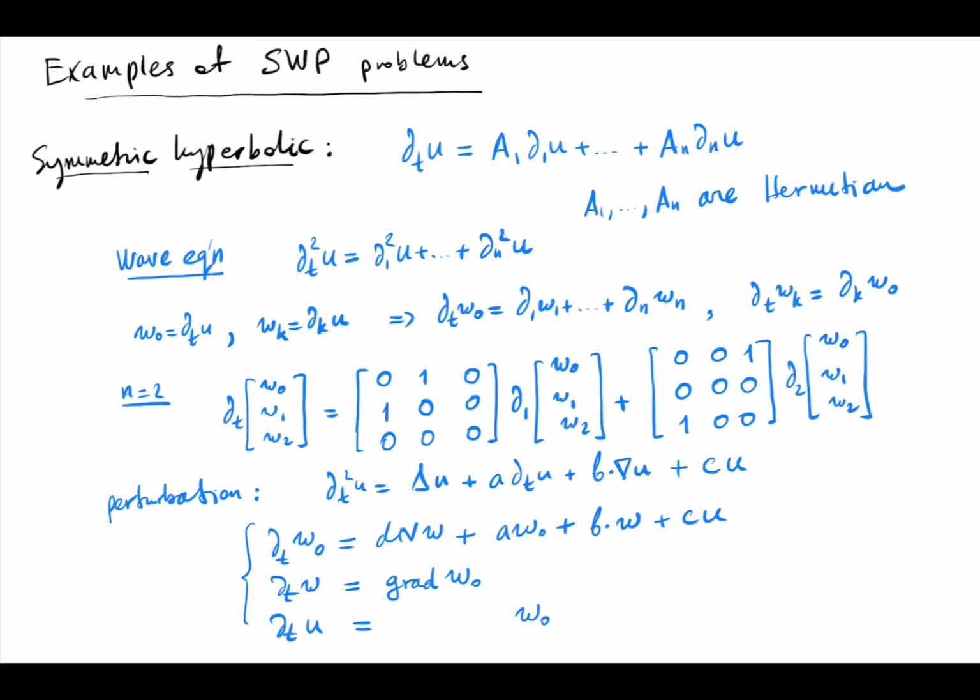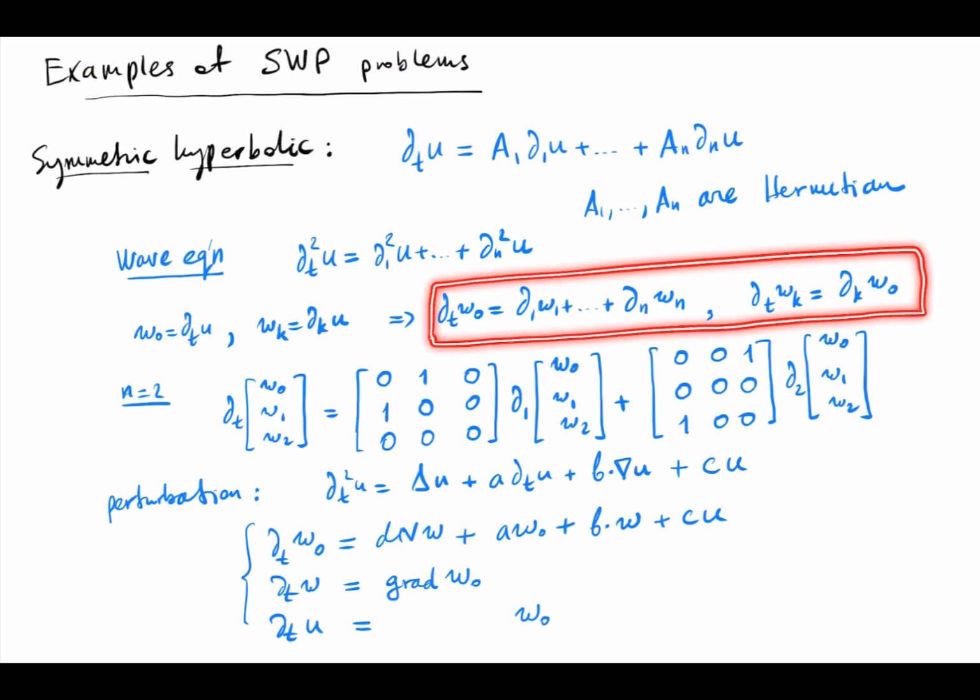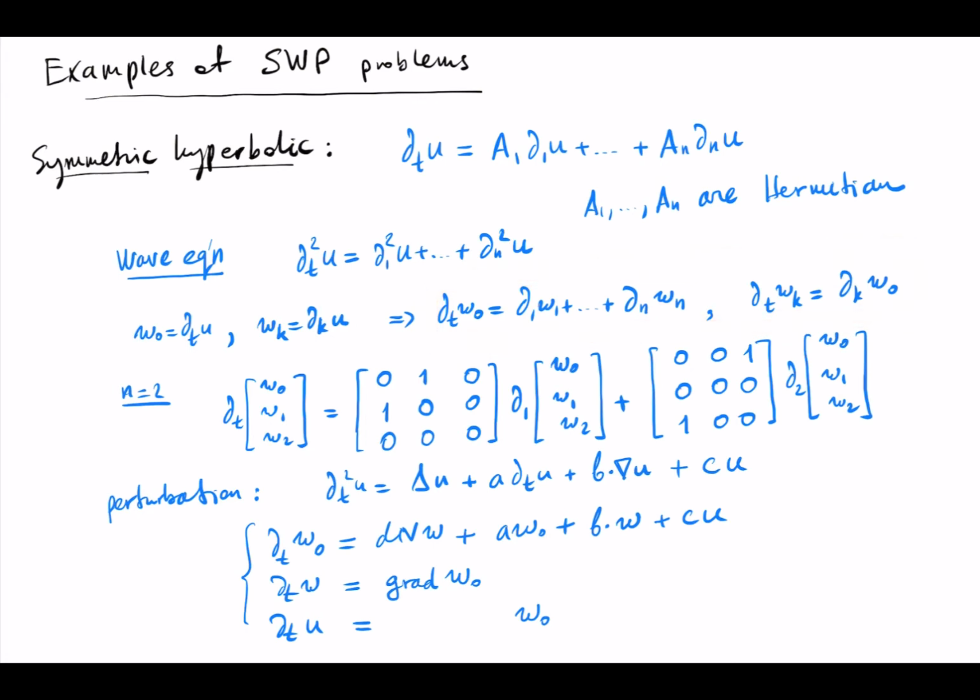And to see that this is really a symmetric hyperbolic system, let's write this when n equals 2 explicitly in matrix form. So for w0, you see that it involves only the first x1 derivative of w1.